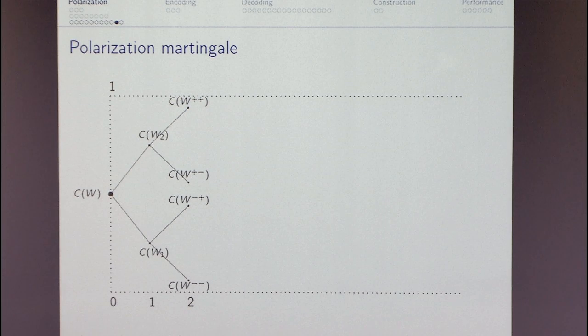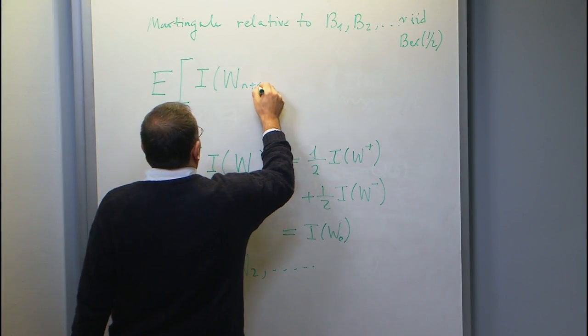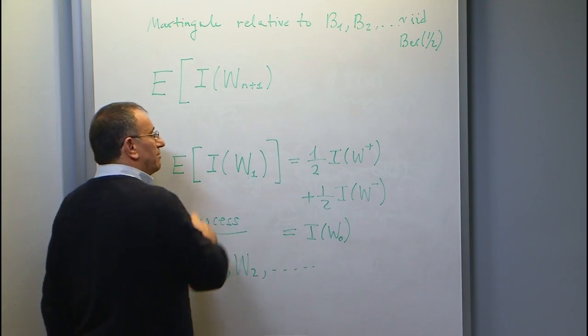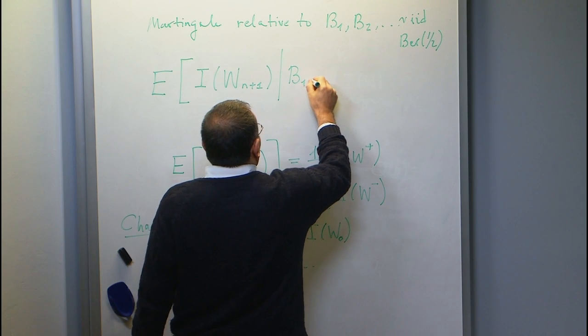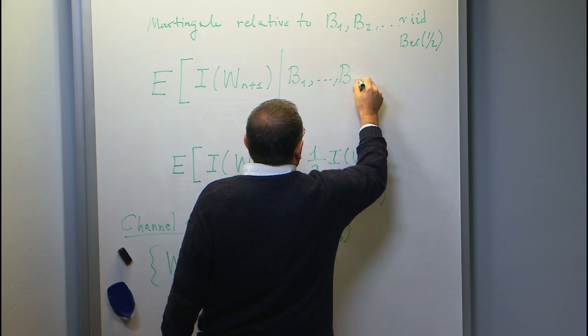The expectation of the value at time n plus 1, given knowledge of the first n steps.